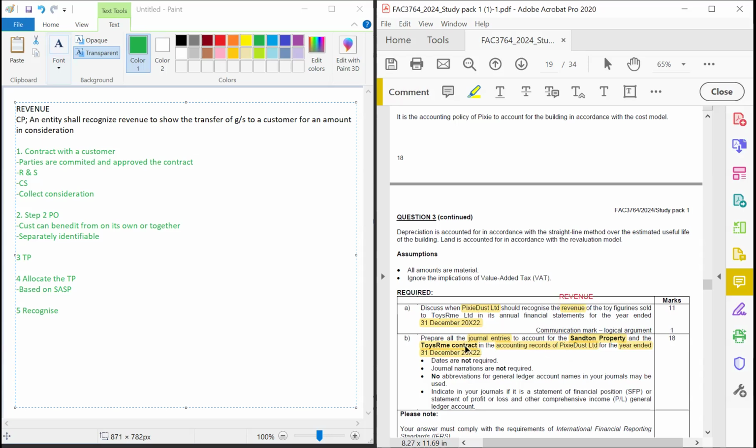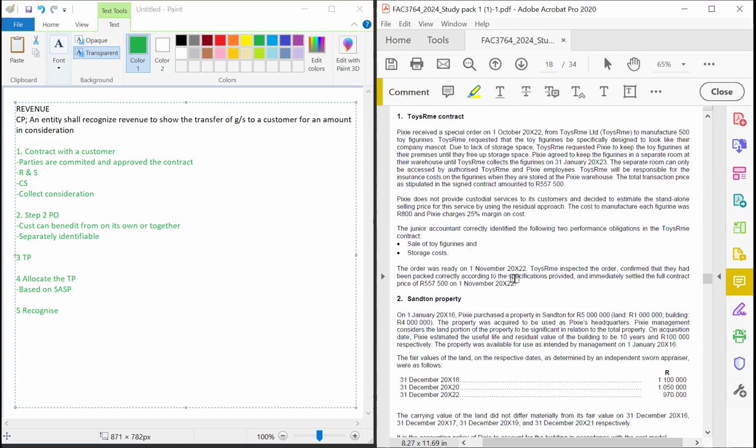And every time you see a contract, a contract can either deal with leases or revenue, right? So one of the two. So in this required, we have options. We cannot as yet conclude, right? The only thing that can make us conclude is if we read the scenario. So now let's go to the scenario.